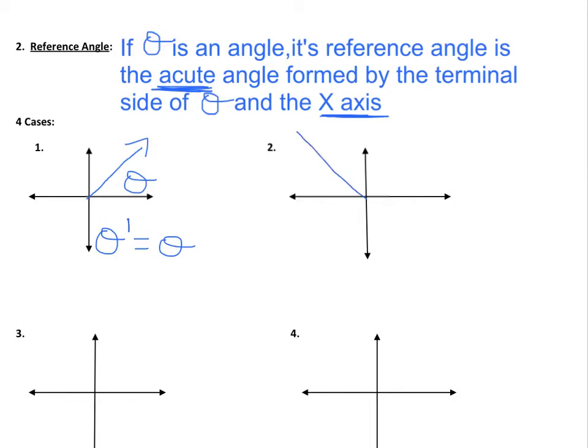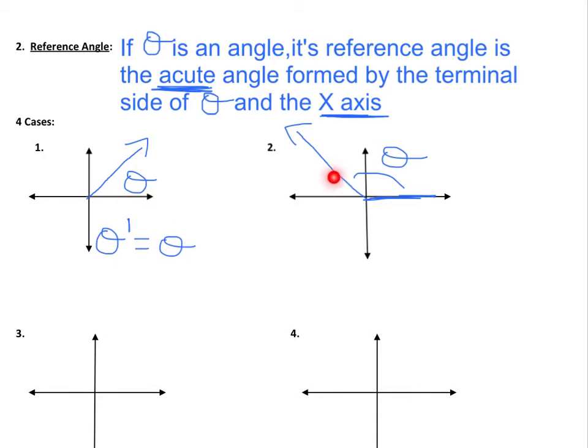If I draw an angle in the second quadrant right there, there's my terminal side, right here's my initial side. If I measure it, I say this is theta, that rotation. Now it's the acute angle formed by the terminal side and the x-axis, so this little sliver right there is its reference angle. That's acute.